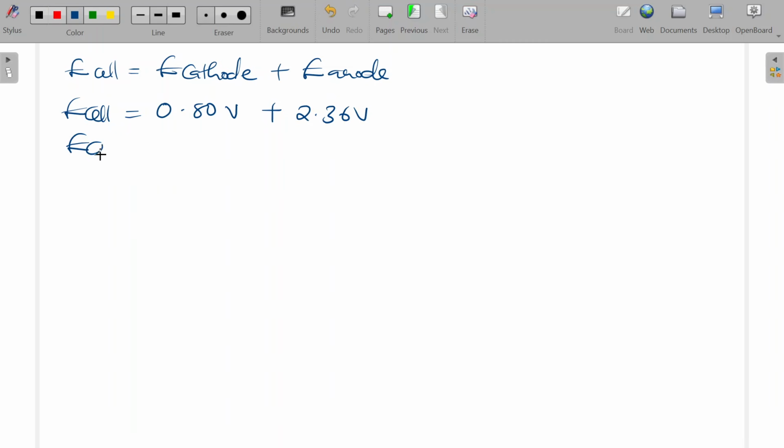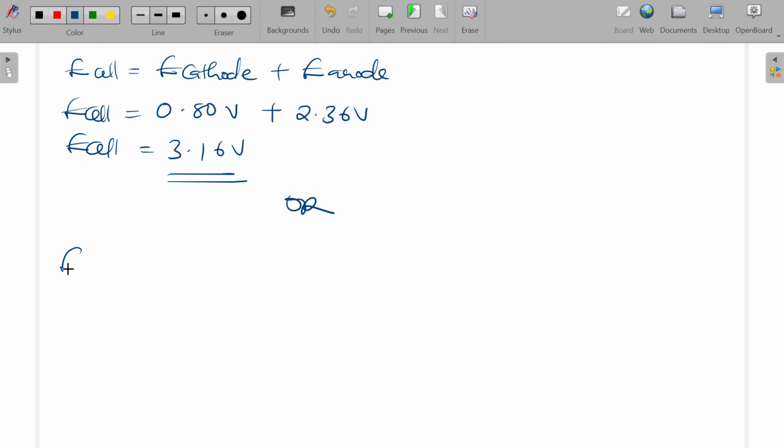As a result, my E cell, which is my EMF, is going to be equal to 0.8 plus 2.36, which will be 3.16 volts, and this will be my answer if I'm using this formula.